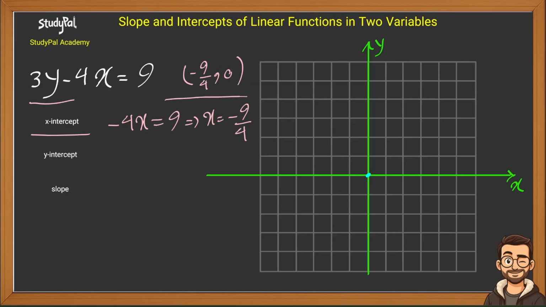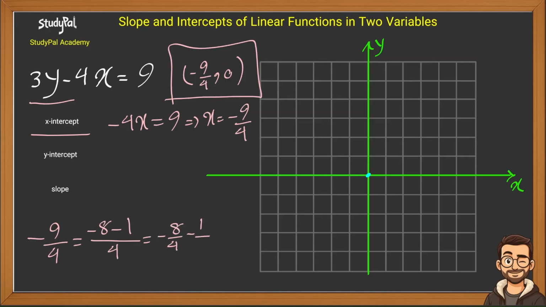Now we can move on and locate this point on our coordinate system, minus 9 over 4. It is simply minus 8 minus 1 over 4. And we have minus 8 over 4 minus 1 over 4. But minus 8 over 4 is minus 2, and this is minus 1 over 4. So for x, we have minus 2 minus 1 over 4. Let's locate it.